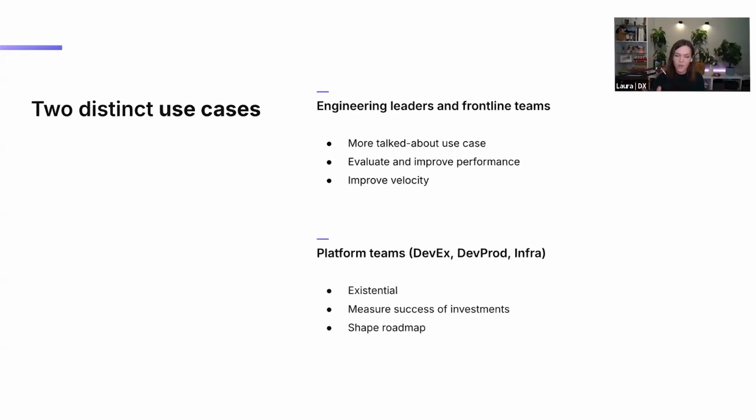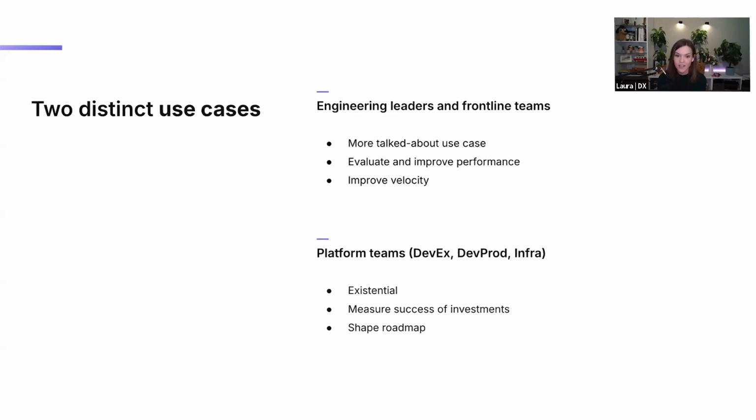So this use case of engineering teams, engineering organizations using data, incorporating data into their decision making in order to drive continuous improvement is probably the most talked about use case. If you're looking at content on LinkedIn, my content on LinkedIn, obviously a lot of the time we're talking about this particular use case.